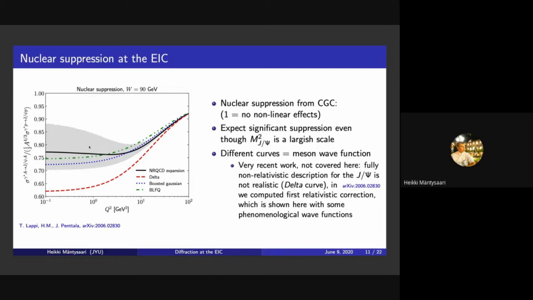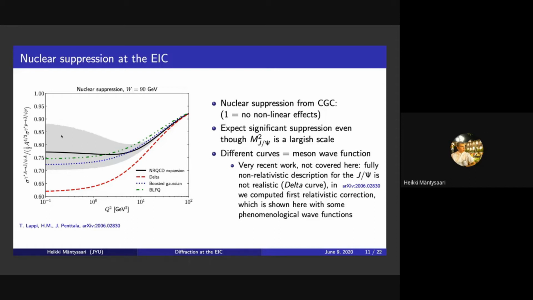Now, the different curves, I don't want to go into details. They correspond to different wave functions for the J/psi. So this shows you what kind of uncertainties we get. The uncertainty is not huge because this is a cross-section ratio, where at least a large part of the wave function uncertainty cancels.